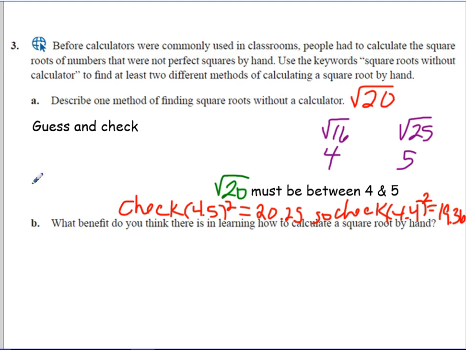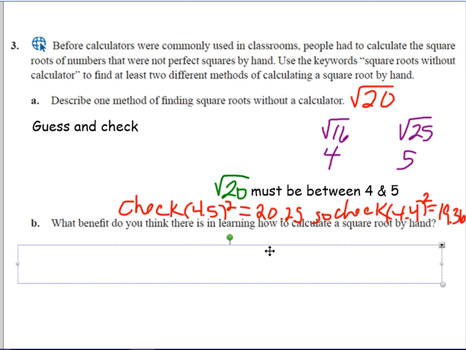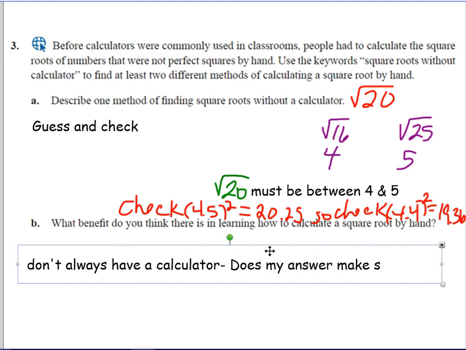And so possible benefits to learning how to do it by hand is you don't always have a calculator. And the idea is, even if you do have a calculator, you can always ask, does my answer make sense?